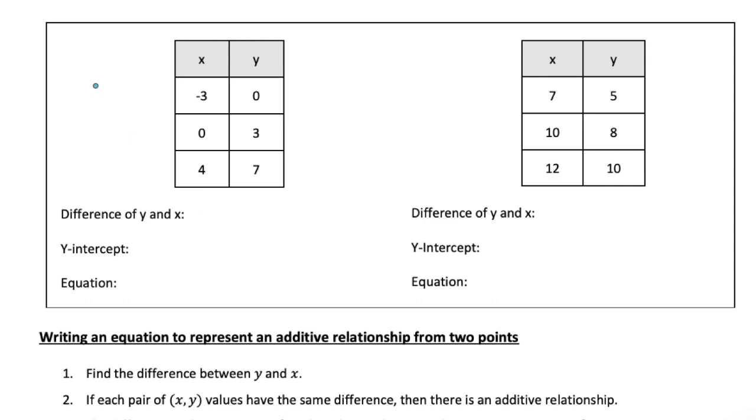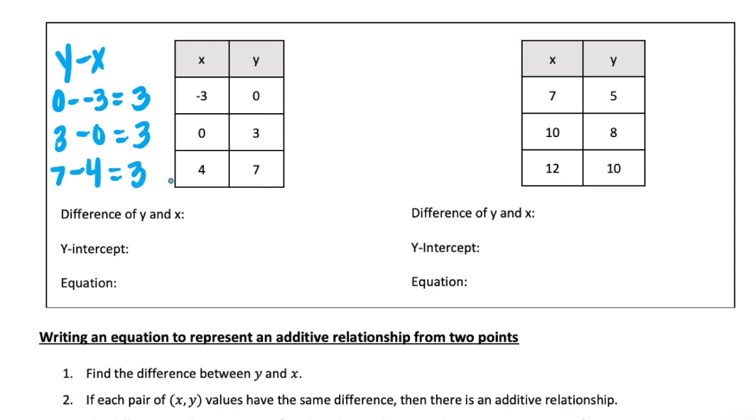So our difference in y and x here is 0 minus negative 3, which is just positive 3. We have 3 minus 0, which is 3, and 7 minus 4, which is 3. So the difference of y and x here was 3. The slope was 3 over 3, so the slope again was 1.